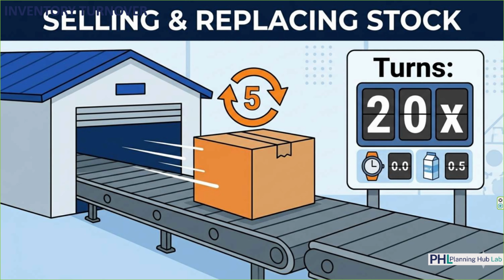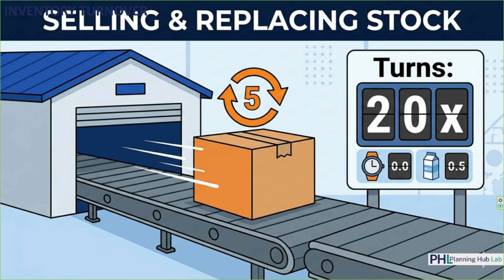That's one turn. To make sense of it, let's look at two completely different businesses: a local grocery store and a high-end luxury watch shop. A grocery store sells milk. Milk spoils fast, so they buy it, sell it within a few days and buy more, and their inventory turns over constantly, maybe 20-30 times a year. Now look at a luxury watch shop.